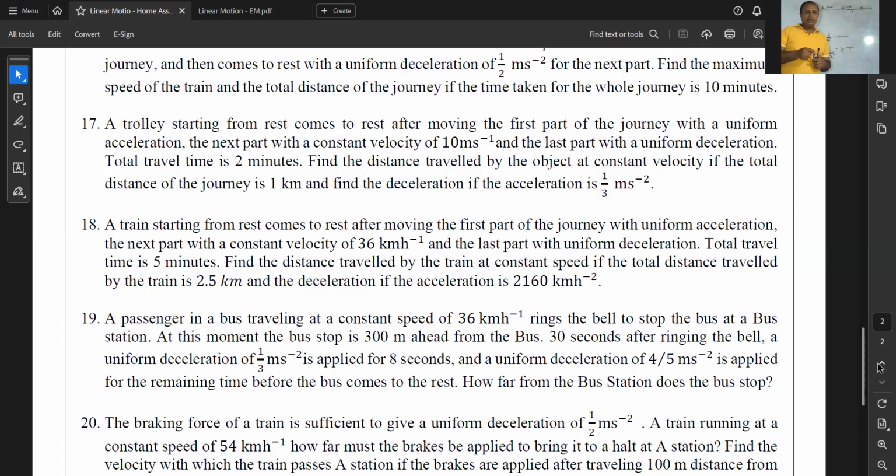The total distance is 2.5 kilometers. The total time taken is 5 minutes, so T is equal to 300 seconds.